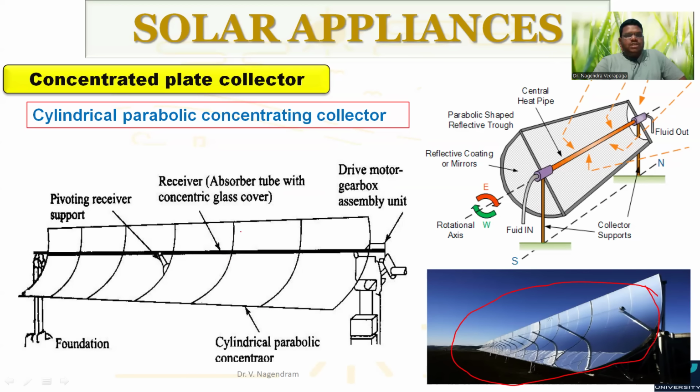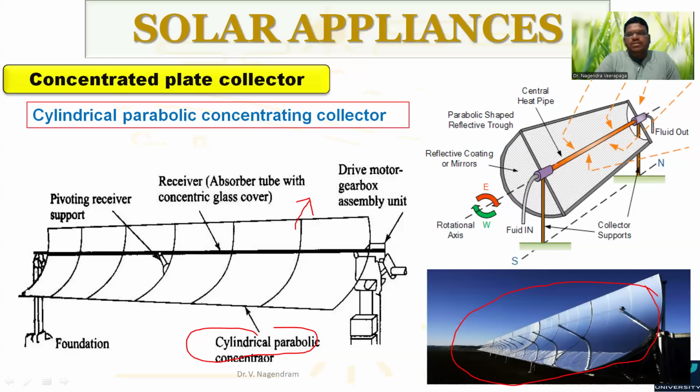Here you can see the concave shaped cylindrical glasses. Generally, we use these glasses mainly for reflecting the solar energy. These are reflective mirrors, we have the coating that makes them reflecting mirrors.